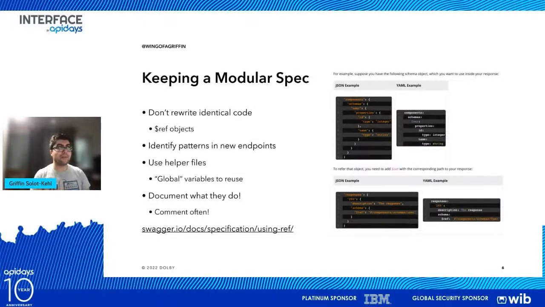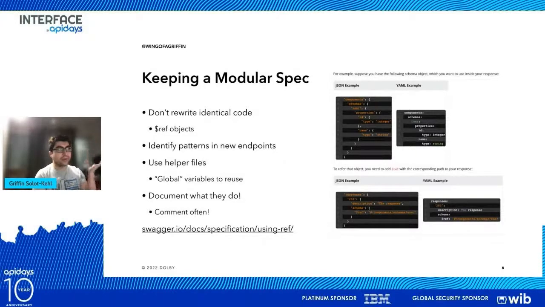But this is going to help you identify patterns in new endpoints. So for example, if you're going to have an input parameter or an output parameter that is going to take the same format the entire time, make sure that the names and the descriptions and just the way that it accepts the content is the same, unless there is a specific exception.